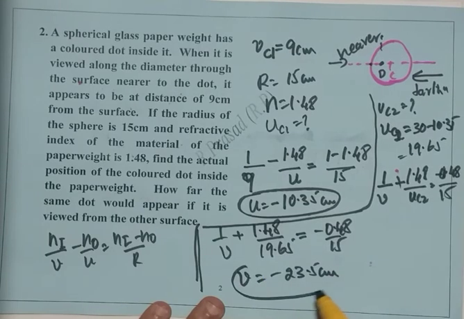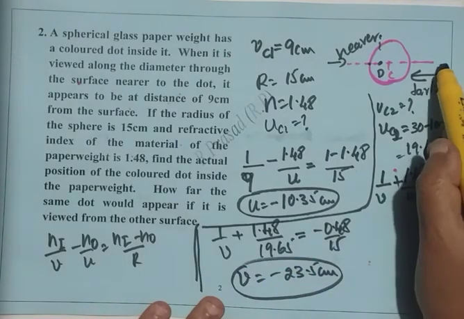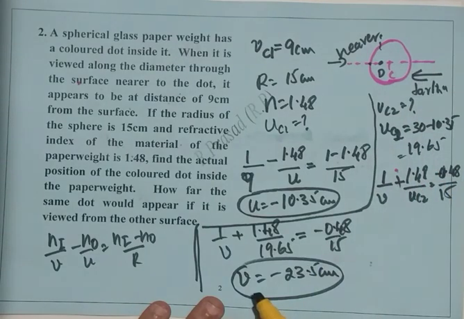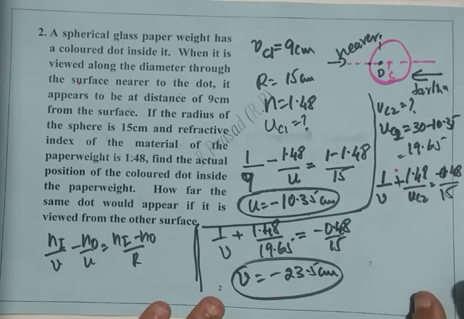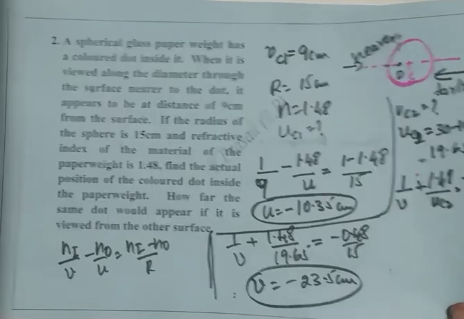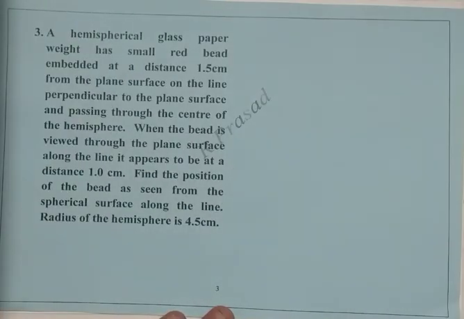So this is the second answer. That is, when we view it from the farther side, the image appears to be at 23.5 centimeter. So this is the second problem that we solved now.